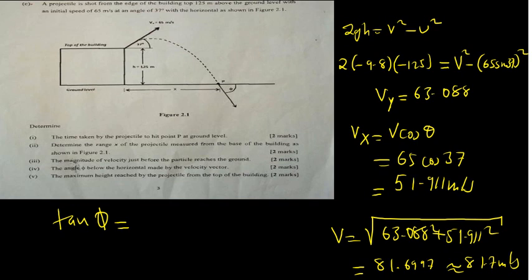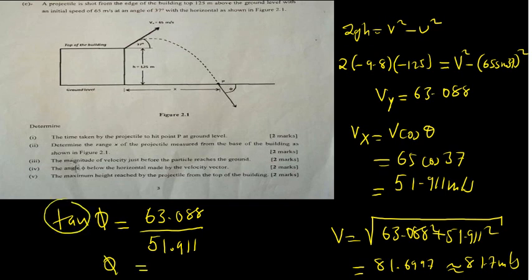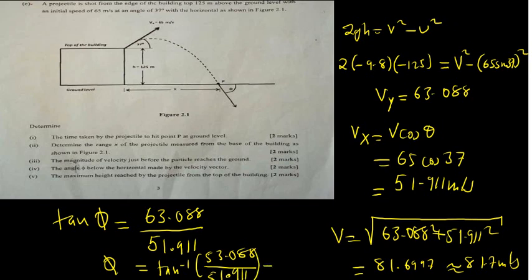Whenever you're finding directions, always use y component over x component. The y component is 63.088 over the x component, which is 51.911. So therefore, theta is going to be the tan inverse of this, and that is going to give us 50.6 degrees. So that's the angle.